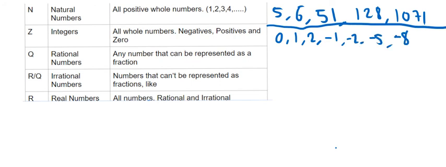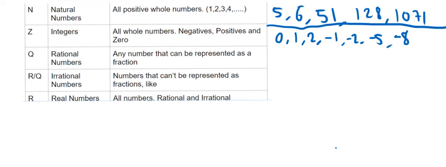Everything that's a whole number, so as long as it's not a fraction really, an uneven fraction, then it's an integer. Another thing that's important is that everything that's a natural number is also an integer. So the integers are all of the natural numbers and all of the negatives along with that. So that's important to understand.